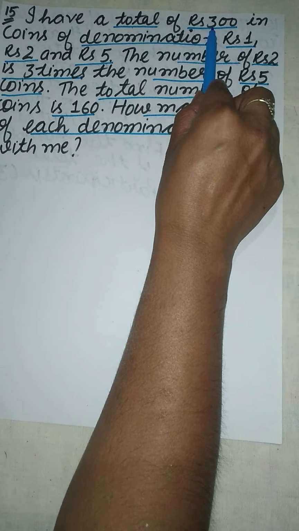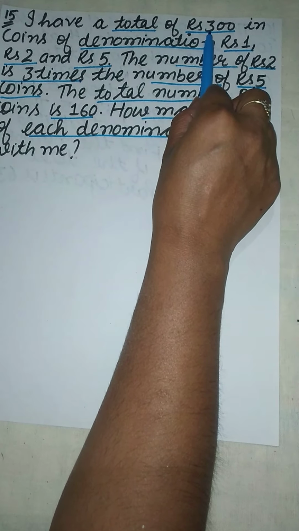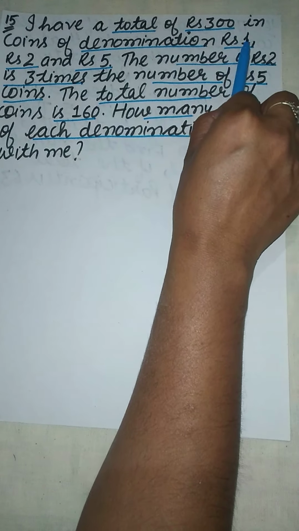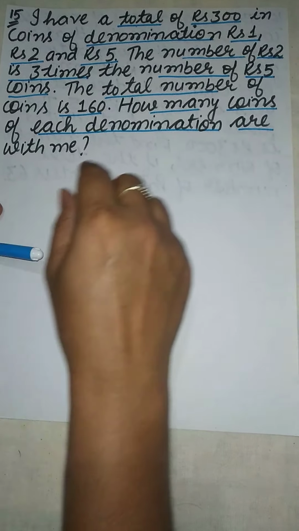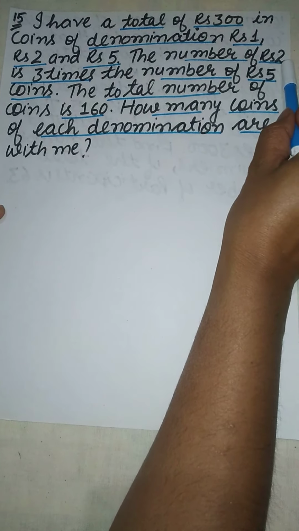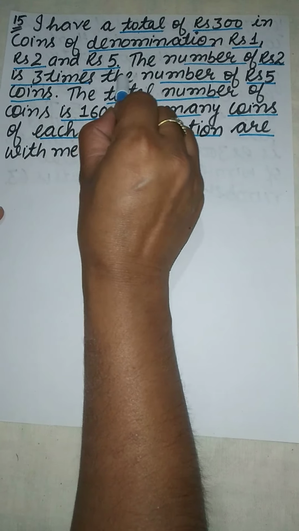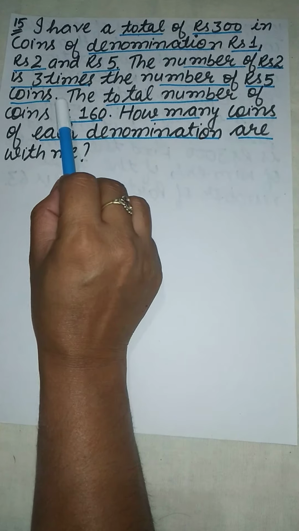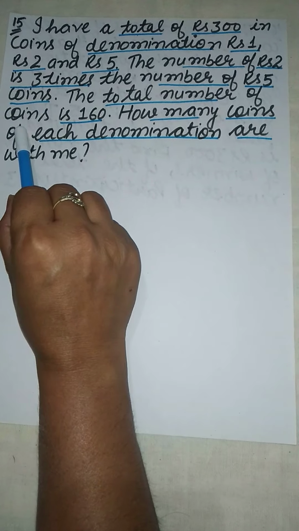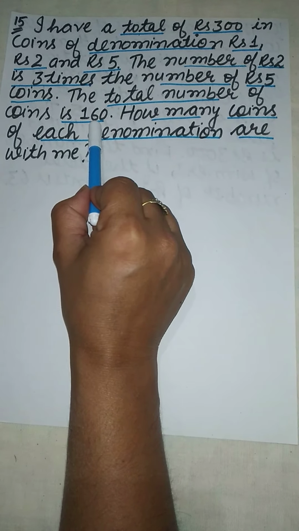Now I have total amount of money rupees 300 and the amount is in the coins of denomination rupees 1, 2 and 5. The condition given is that the number of rupees 2 coins is 3 times the number of rupees 5 coins. The total number of coins is also given, equal to 160.